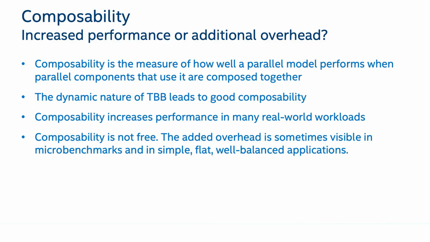Idle threads can steal work. If thread 2 is executing on a more loaded resource, thread 1 can steal back some work from thread 2. So there are all these good properties. And because of them, there's an increase in performance in many real-world applications like StackA2, like OpenVINO.